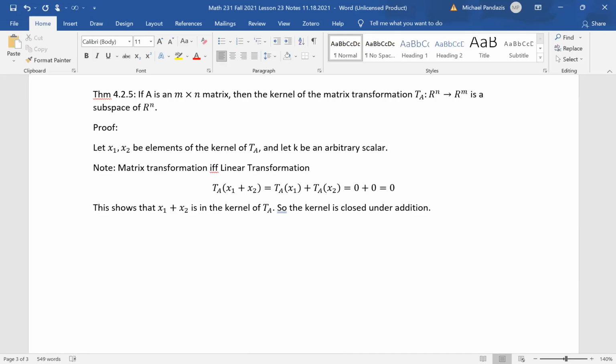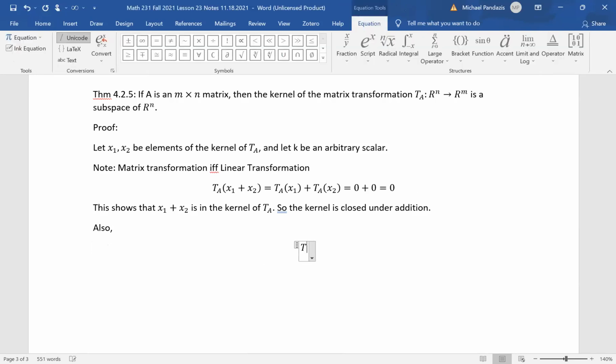Okay. Also, we have k as an arbitrary scalar already from our assumptions. If you take T_A of k times x1, just choosing either of them, well, again, T_A as a matrix transformation is also a linear transformation. There's a property called homogeneity of a linear transformation. You can move the scalar out of the function like that.